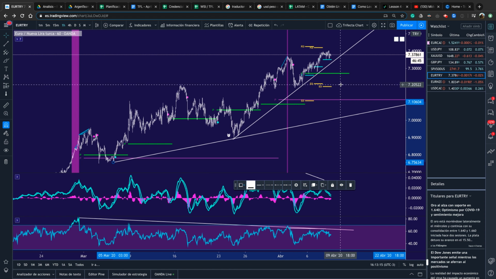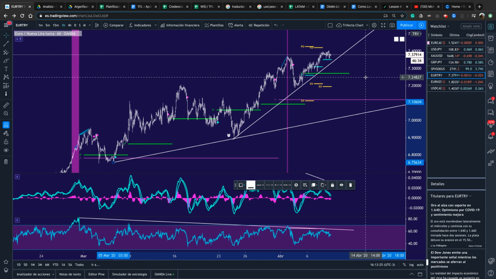We know that when an inferior trend line breaks, the price is going to look for the main trend line. Okay, so that could happen.